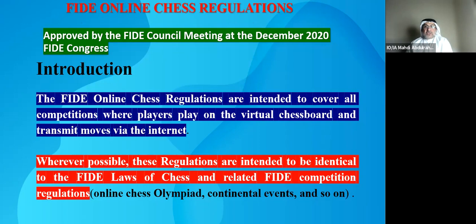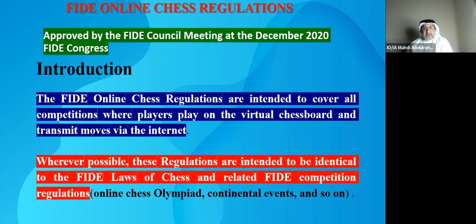The FIDE online chess regulations are intended to cover all competitions where players play on a virtual chessboard and transmit moves via the internet. So now we have the internet. Wherever possible, these regulations are intended to be identical to the FIDE laws of chess and related FIDE competition regulations.